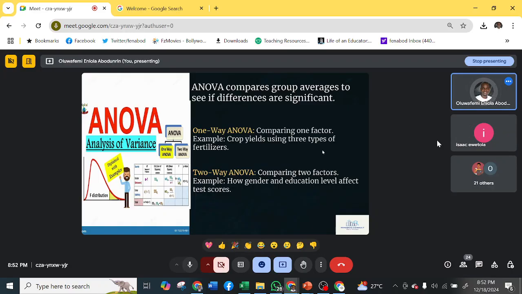Okay, let me figure out what else I can use to talk about one-way ANOVA. Now looking at this, we said crop yields using three types of fertilizer. Okay, let's use marketing as an example. Let's say you want to find out what will make buyers come to you.